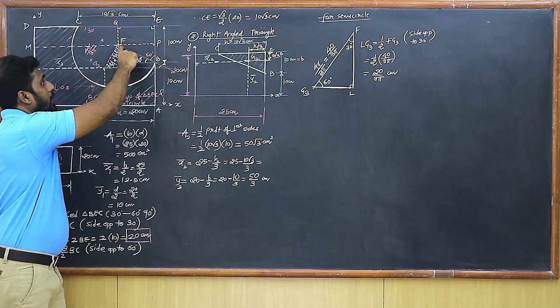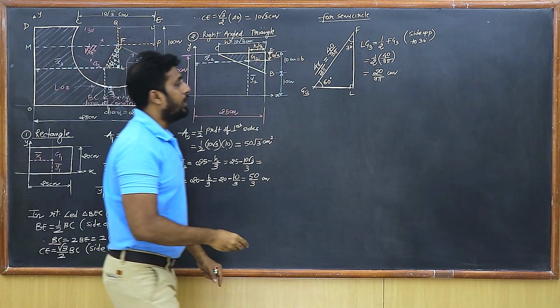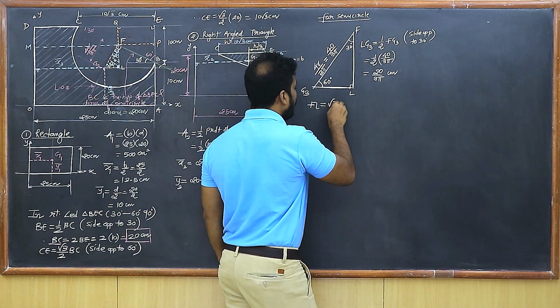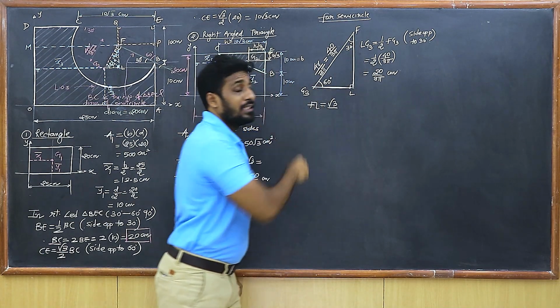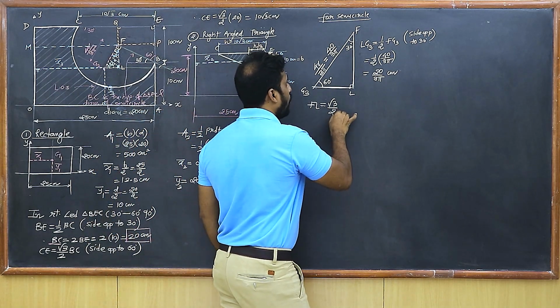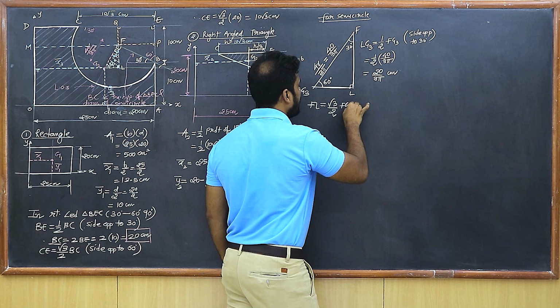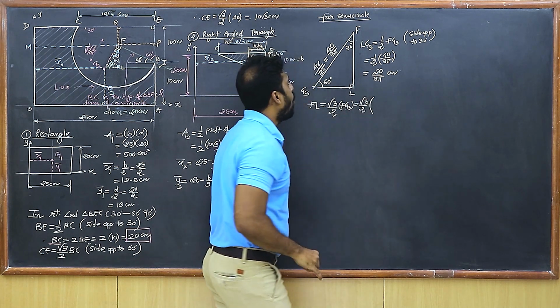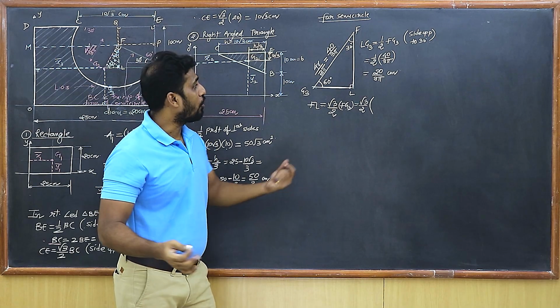Now my job is to get the length of FL also. So let's get FL. I know that FL is the side which is opposite to 60 degrees. So it must be root 3 upon 2 times the hypotenuse, which is FG3. So I get root 3 upon 2 times, who is the hypotenuse? It is 40 upon 3 pi.